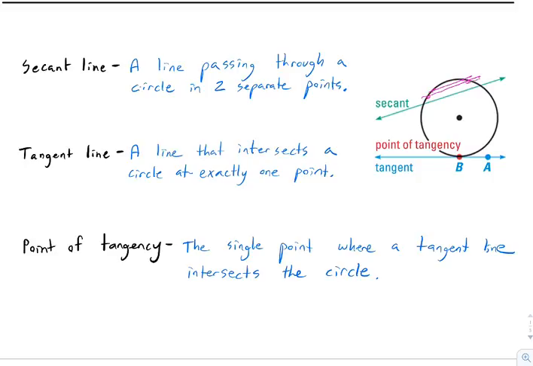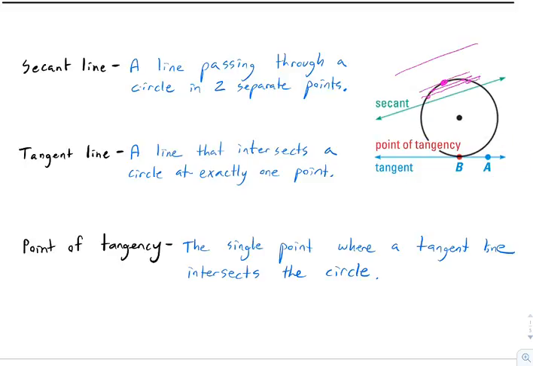And for just a split second in time, before we totally separate the line outside, there is an instant when it is touching just one single point. That single point we call the point of tangency, and this line that passes through that one point we call a tangent.